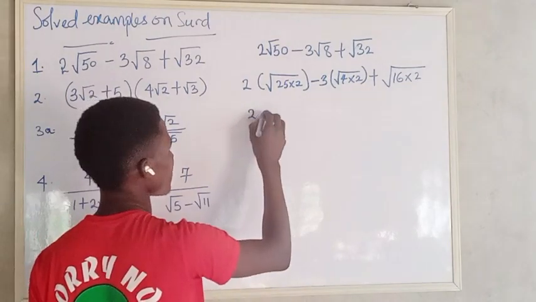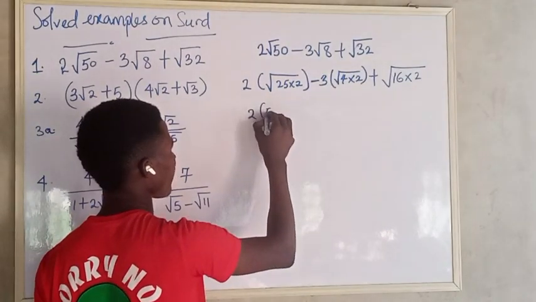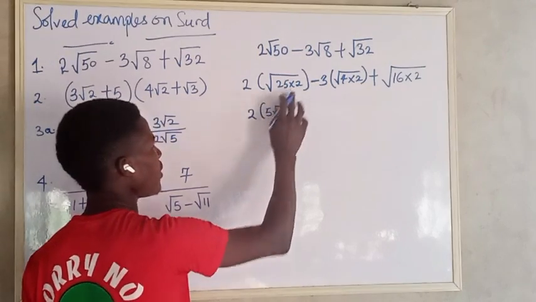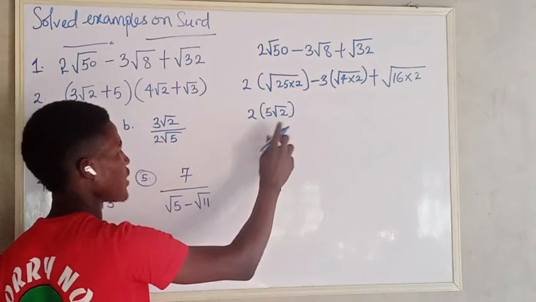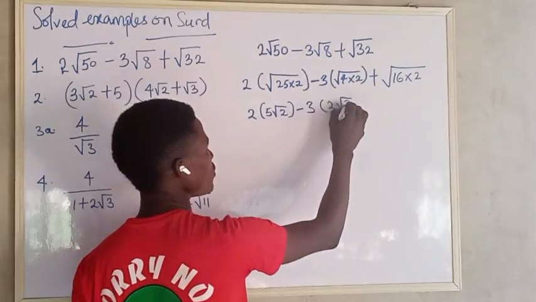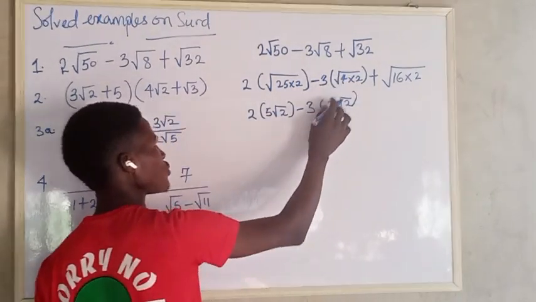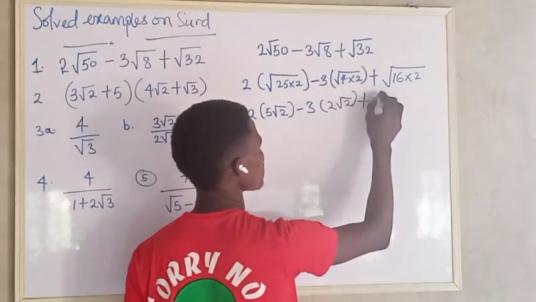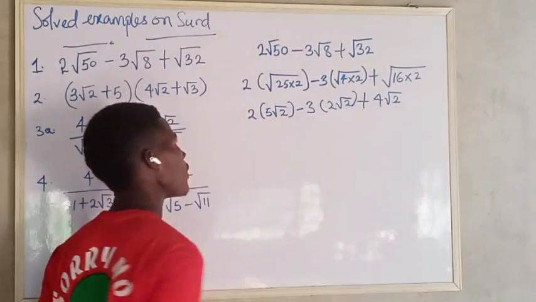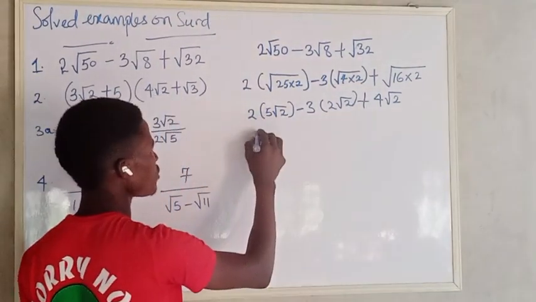So this will be the same thing as 2 open bracket 5 root 2, because the square root of 25 is 5, and root 2 doesn't have a square root, so that's 5 root 2, minus 3 open bracket 2 root 2, the square root of 4 is 2 and root 2, plus 4 root 2, the square root of 16 is 4.